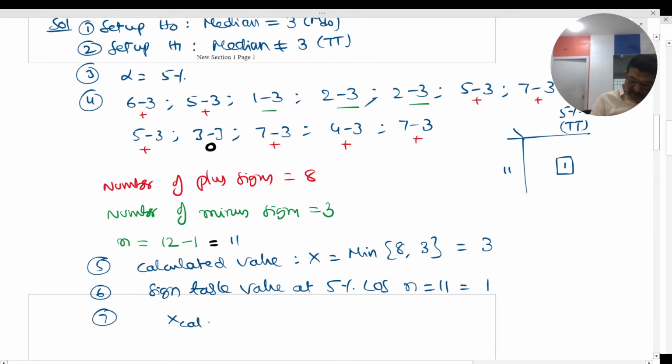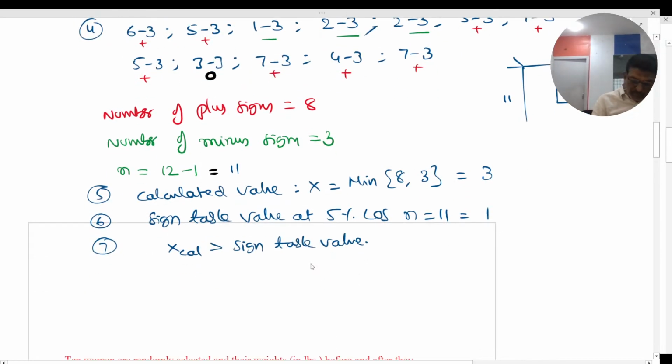The x calculated value is more than the sign table value. Now in this case we fail to reject H0.